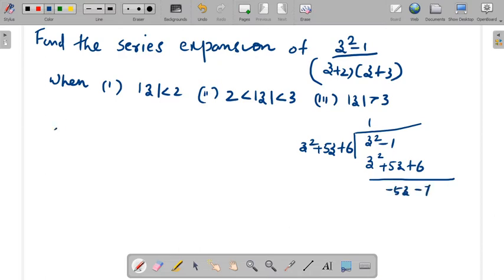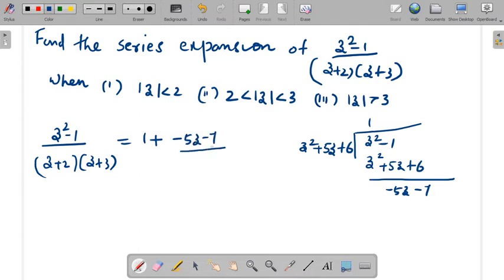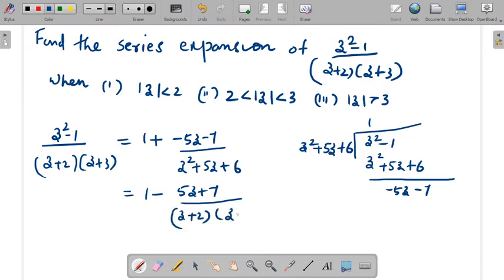So you can write this function z square minus 1 divided by z plus 2 into z plus 3 as 1 plus minus 5z minus 7, the quotient plus remainder divided by z square plus 5z plus 6. So we have 1 minus 5z plus 7 divided by z plus 2 into z plus 3.